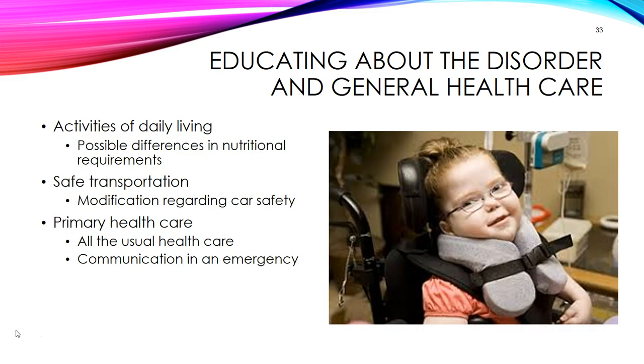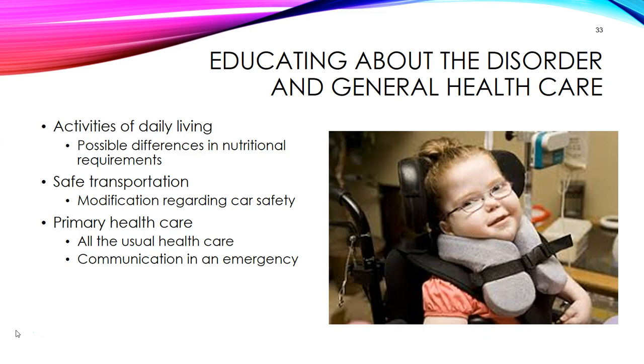So educating about the disorder, again, anticipatory guidance is key in a lot of things, especially when you're talking about chronic illness. There's probably going to be a lot of modifications they have to make that they may not have even taken into account.